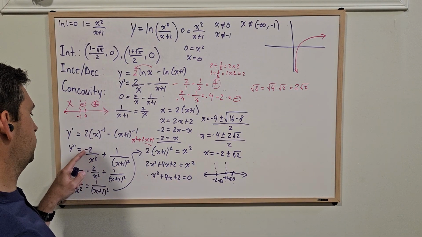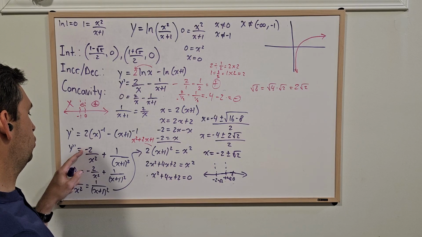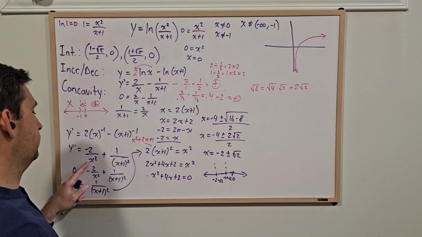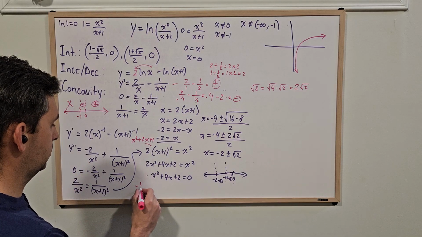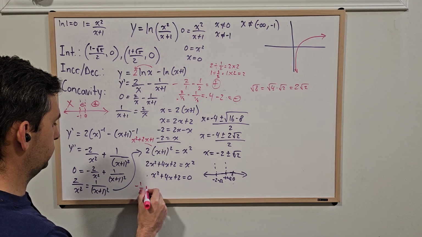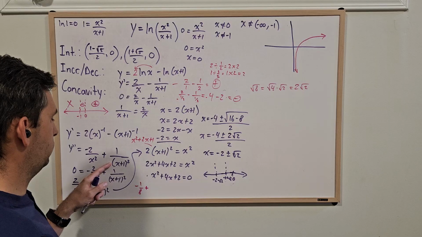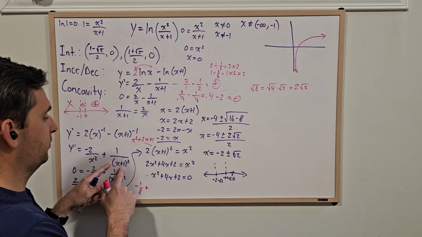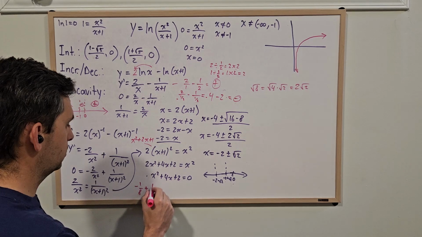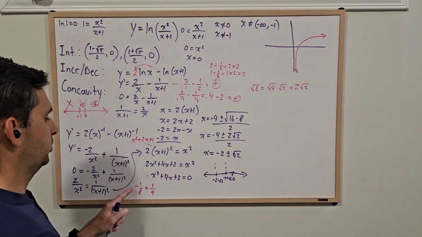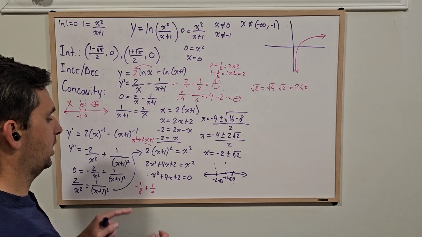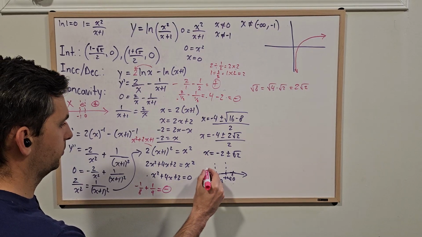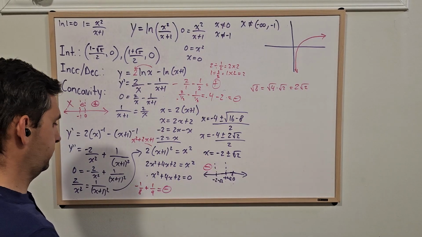Negative 4, so that's going to be negative 2 over 16, right? So that's going to be negative 1 over 8. And that's going to be plus 1 over negative 4 plus 1, that's going to be negative 3 squared, that's 1 over 9. Well, negative 1 over 8 is greater than 1 over 9, so I know that this is going to be a negative number. So on this side, we're negative.